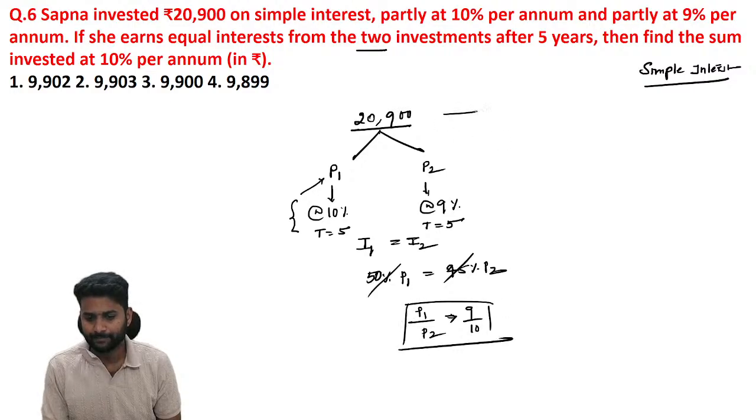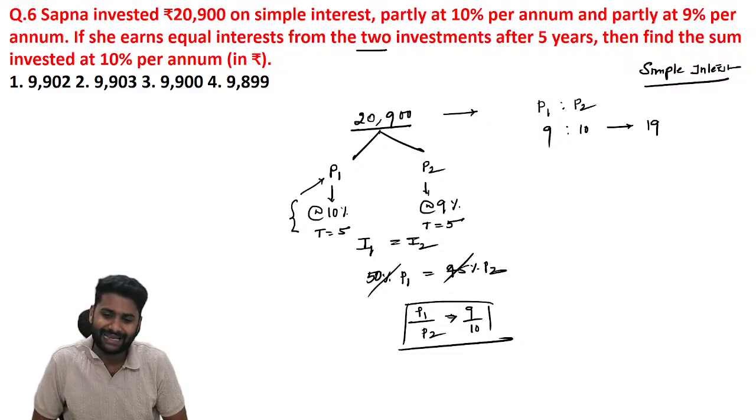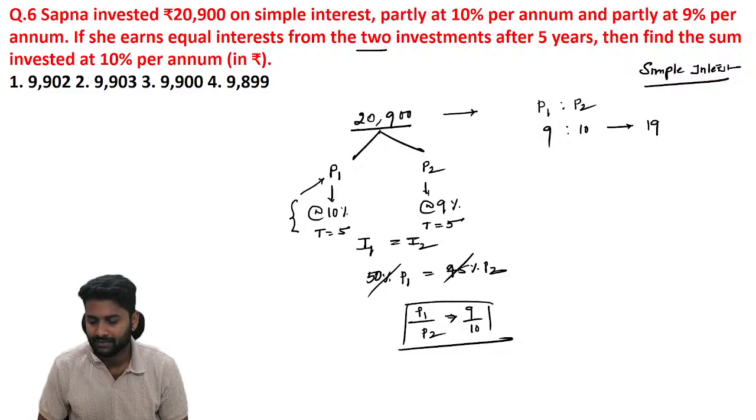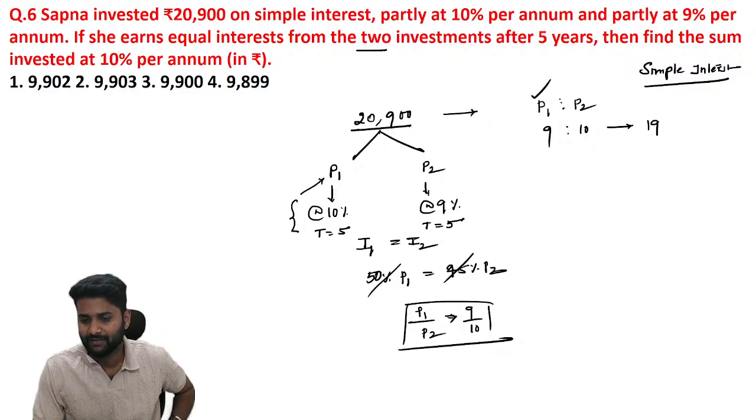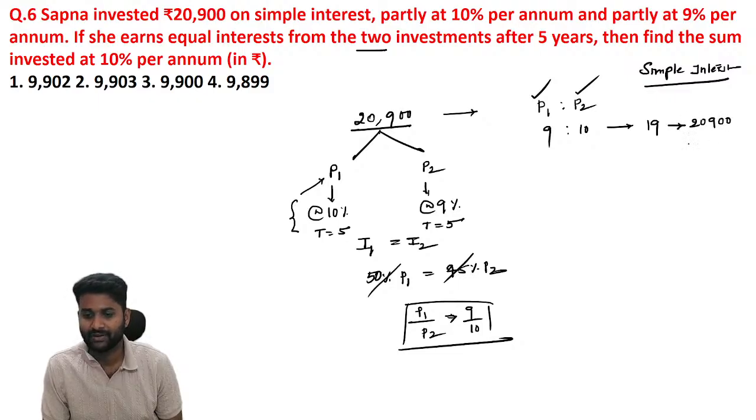It means P1 is 9 units, P2 is 10 units. The total amount is 19 units, how we get 19: 9 plus 10. If the total investment is 19 units, 19 units become 20,900, so each unit value is equal to 1100 rupees.